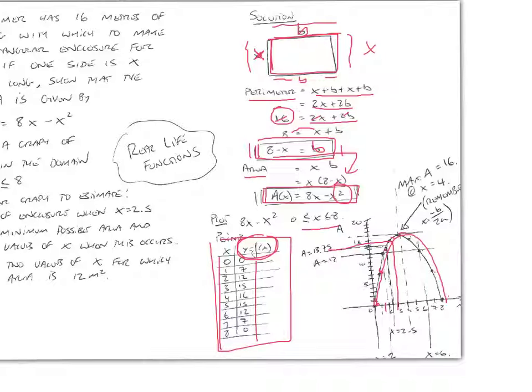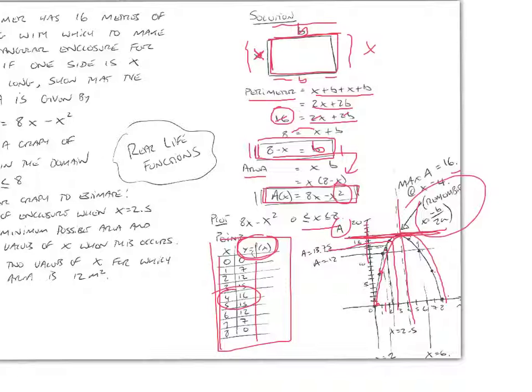We're then asked to find the maximum possible area and the value of x when this occurs. So the max area is here, at area equal to 16, and this is at x equals 4. We can see that from the table, but we can do that mathematically.